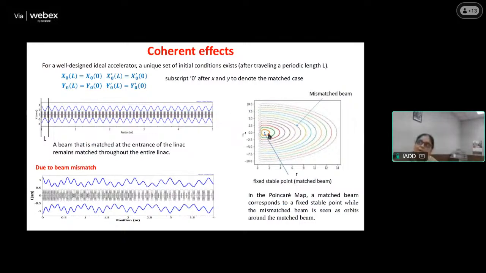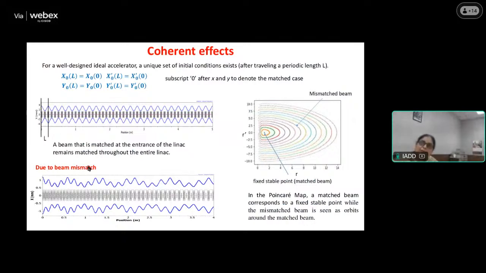If you see the Poincare plot of this in phase space, then you can see that the matched beam is represented by a stable fixed point in the phase space. So for example, this is repeating after one period.